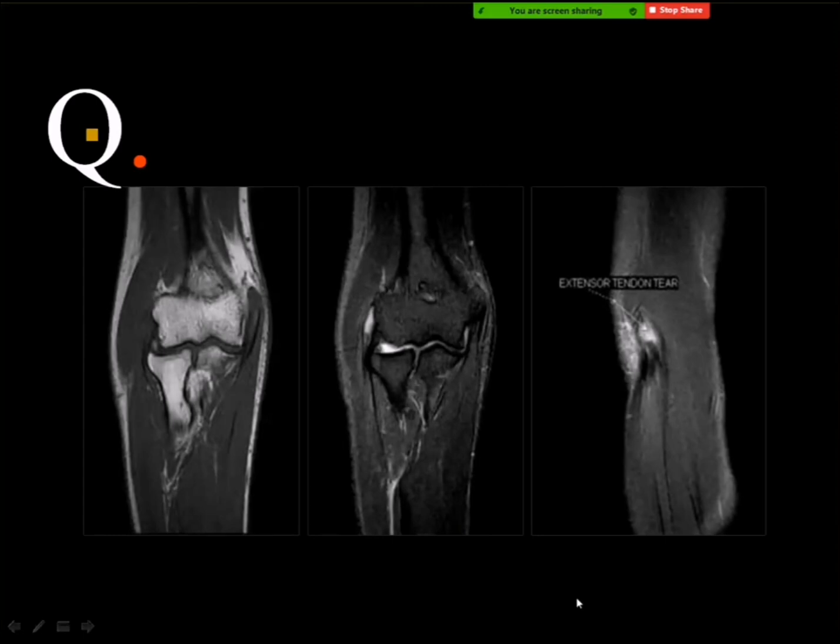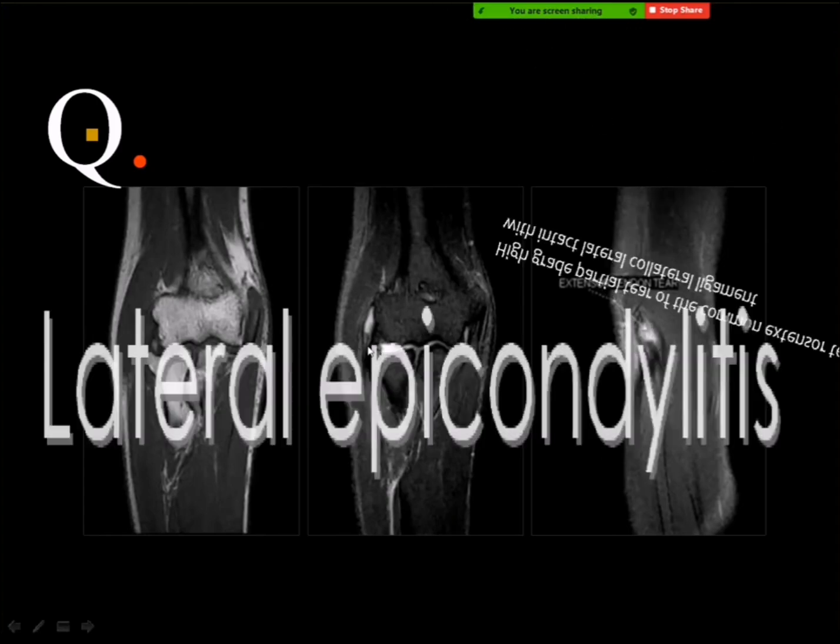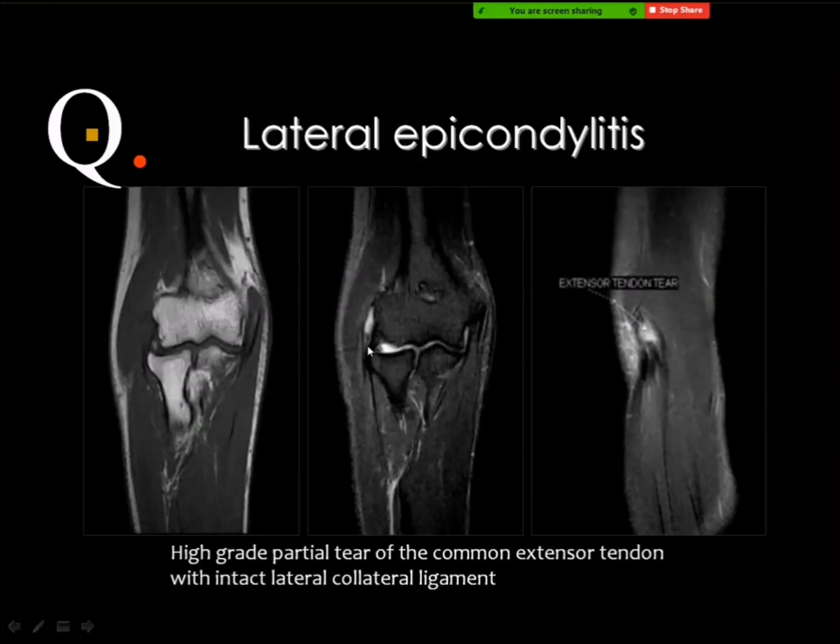Elbow joint. This is tennis elbow, lateral epicondylitis.